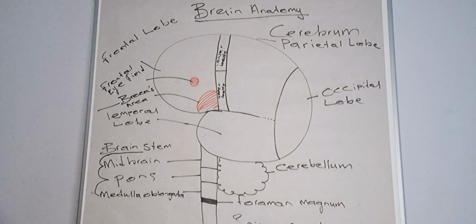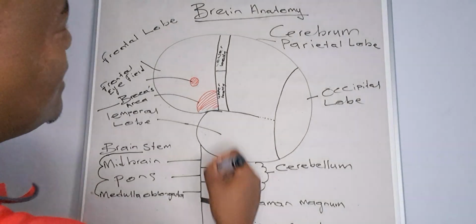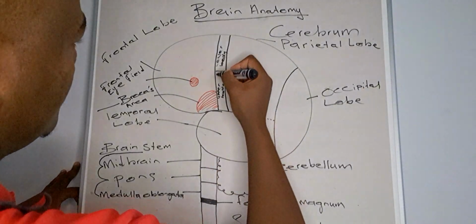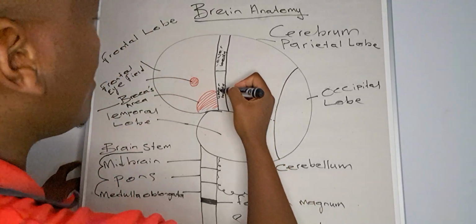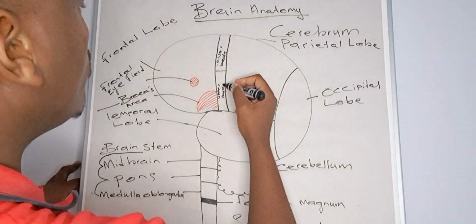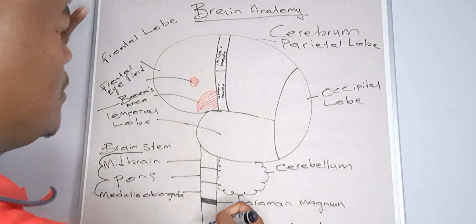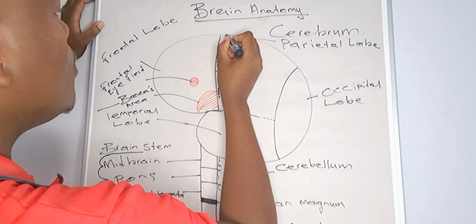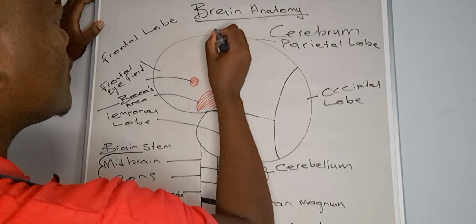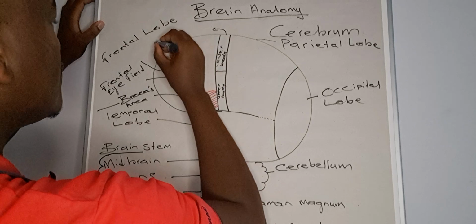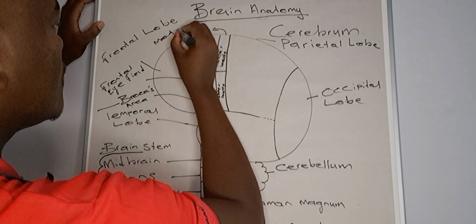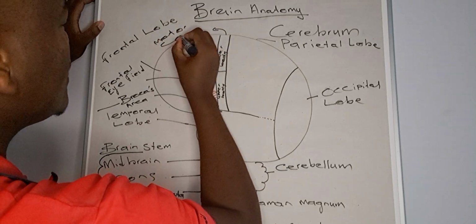They should be like that. That is not a mistake. What is the name of this area? This is our motor cortex.